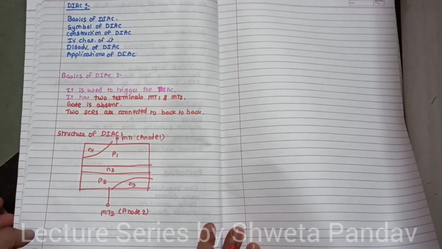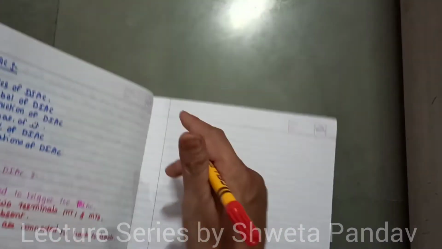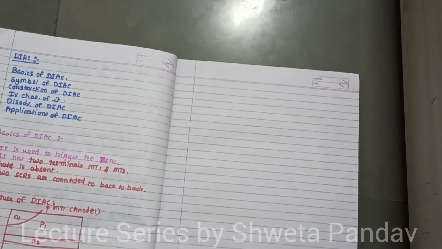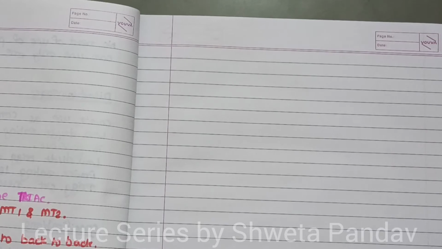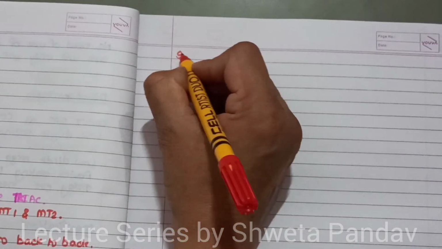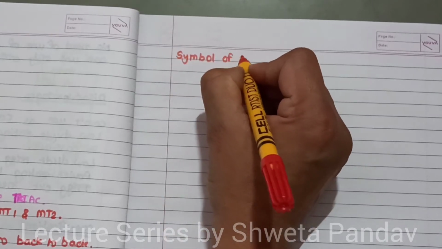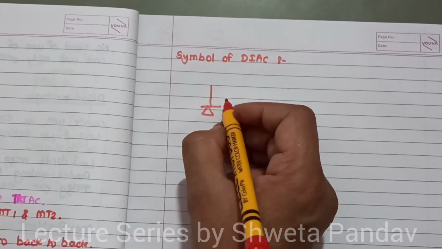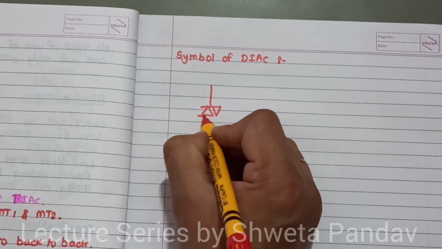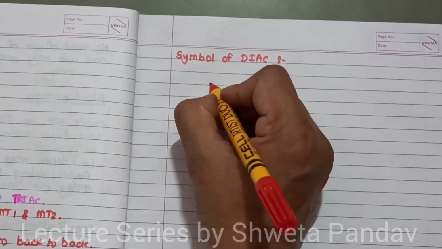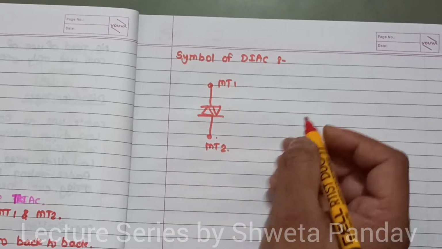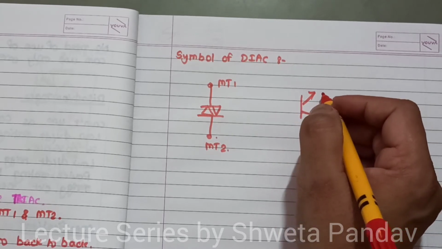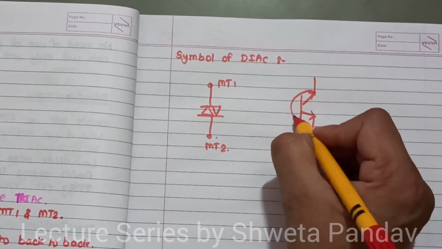Now let us draw its symbol. Either we can draw the SCRs connected back to back, where this is the MT1 terminal and this is the MT2 terminal, or we can draw the transistor symbol, where the two arrow directions are downward.